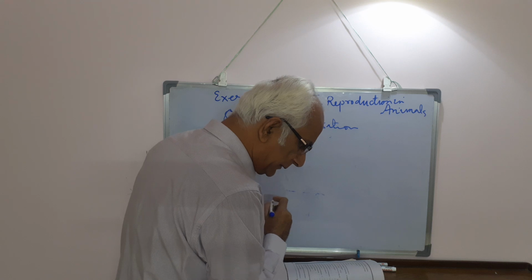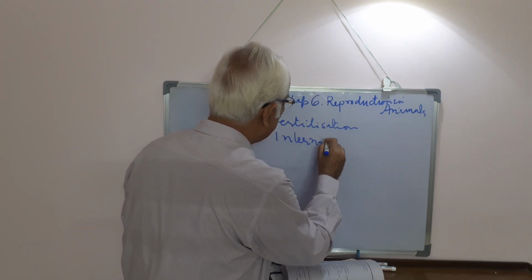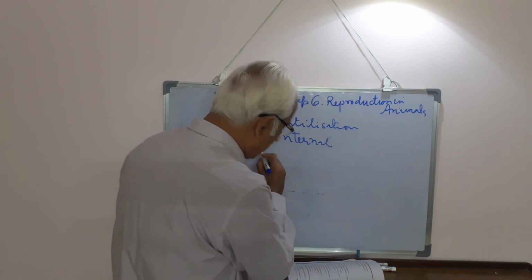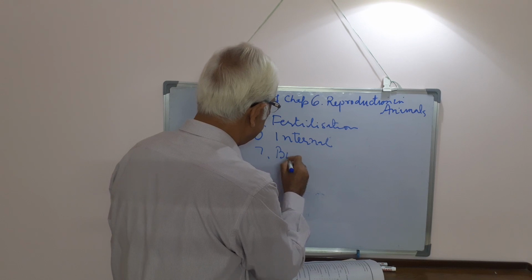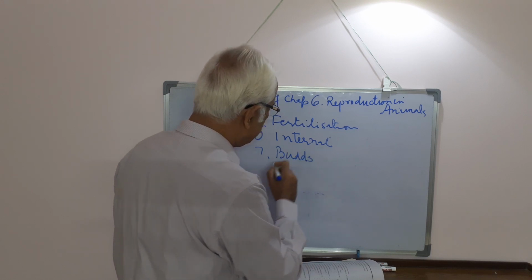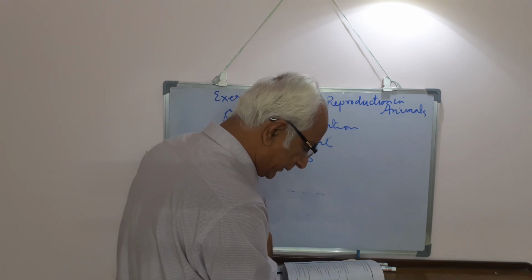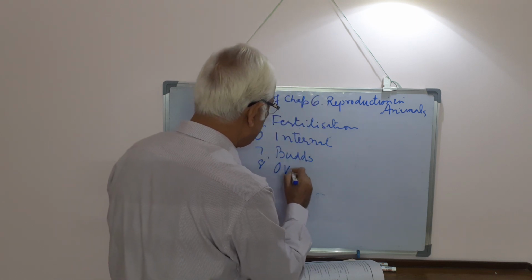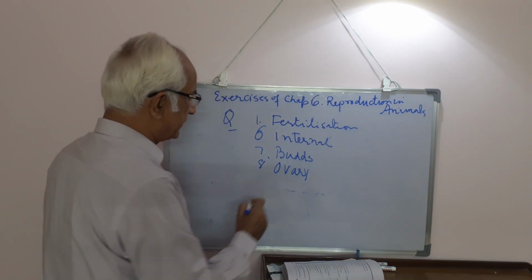Internal. This is the word you have to write down. Then 7, the term used for bulges, buds. So that is the word you have to write at 7. 8. Eggs are produced here, ovary, O-V-A-R-Y. This is the word you have to mention for 8.